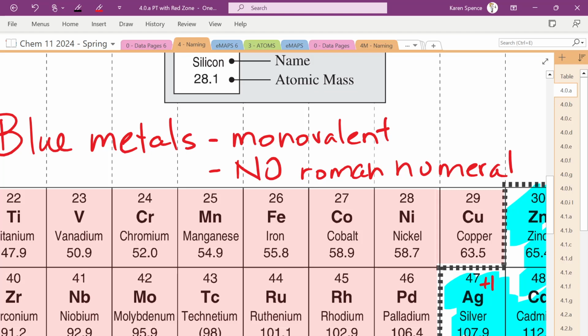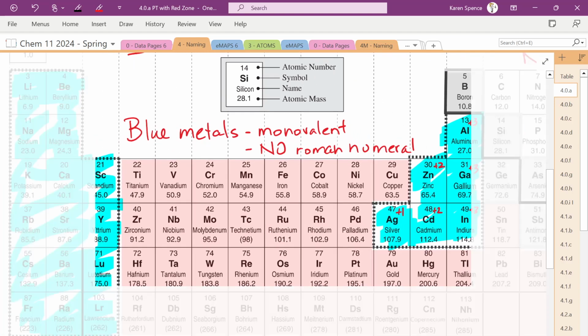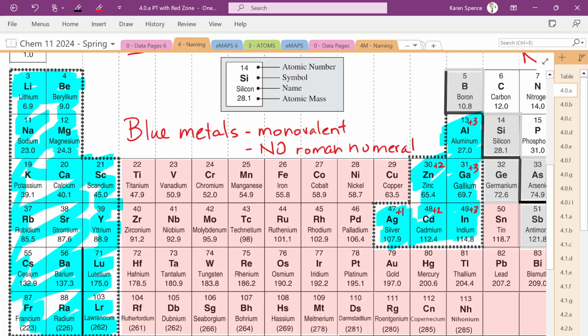Which is why I don't bother writing all the possibilities on here, because there's really so many for so many of them. And you don't need to have them all written here to figure out what the Roman numeral is. Okay, you just need to know if it's in the red zone, it needs a Roman numeral.